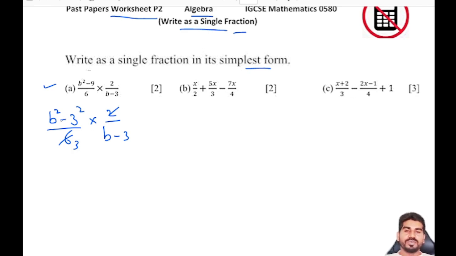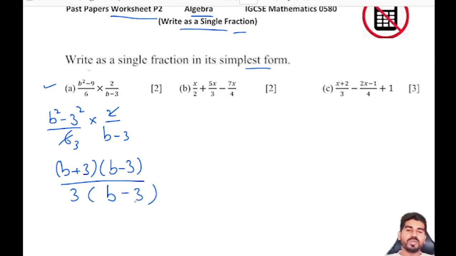So there will be b plus 3 and b minus 3. Why? Because we know that a squared minus b squared can be written as a plus b into a minus b, and in the denominator there will be 3 times b minus 3. Again, you can see b minus 3 will be cancelled with b minus 3. So the remaining term will be b plus 3 over 3. This was part A.